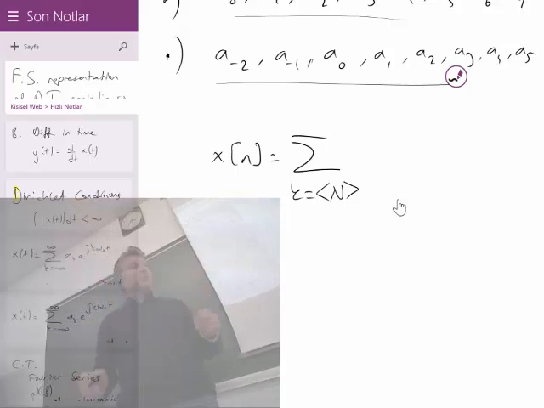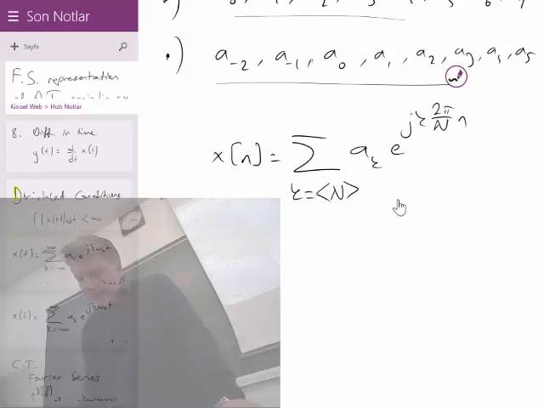So the duration is capital N. Depending on where you start, you must end at the appropriate place. x[n] equals the sum of a_k e^(jk(2 pi/N)n).